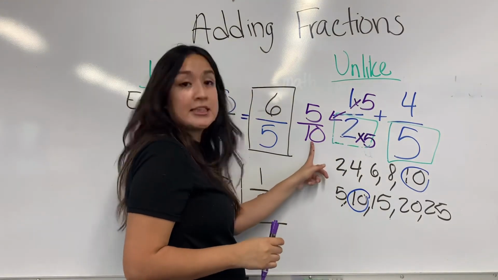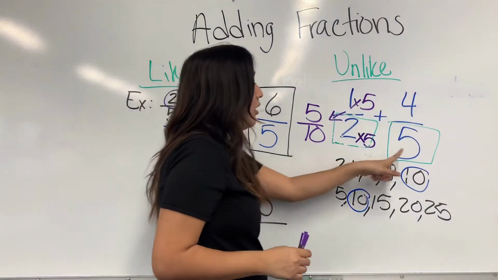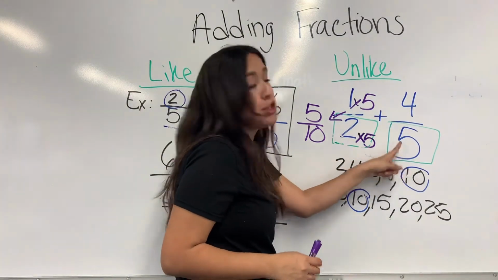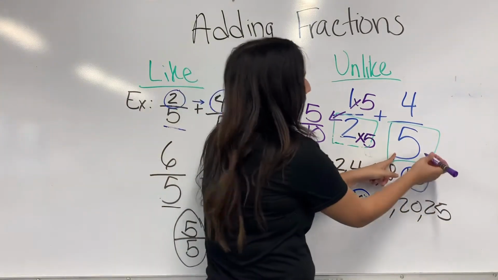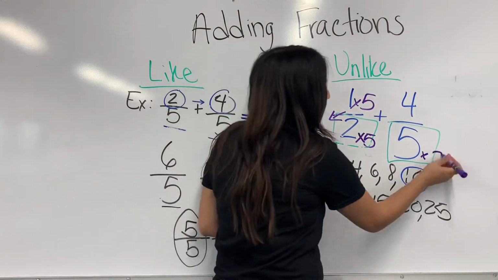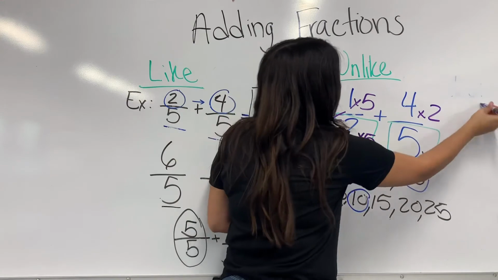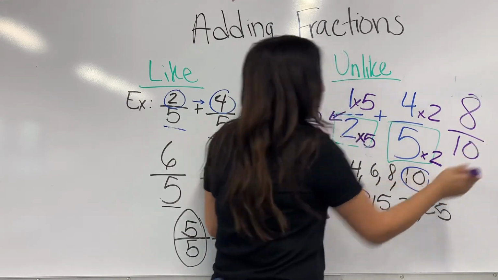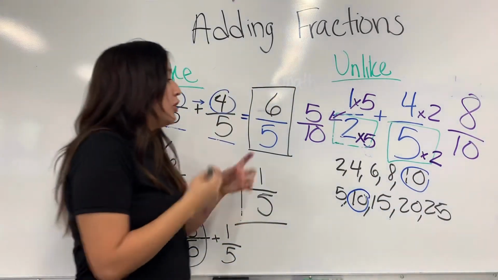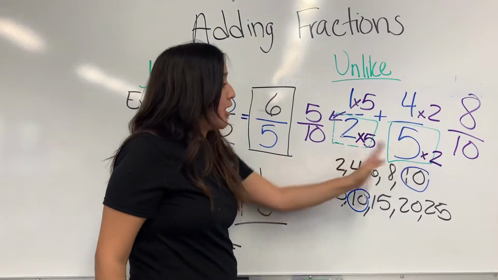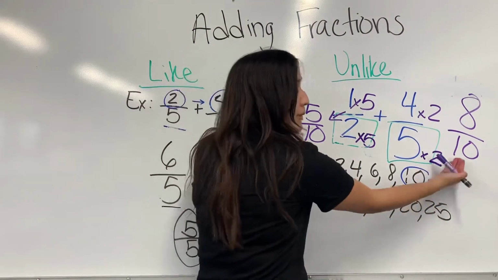Do we have a 10 as our denominator? Yes. Is this our 10? No, we have to change it to a 10 by multiplying by 1, 2. What does this fraction change into? 8/10. Okay? You see how I just changed my denominator so that way we have a common denominator.